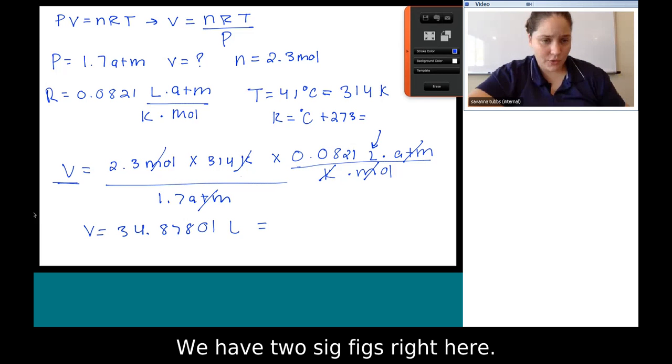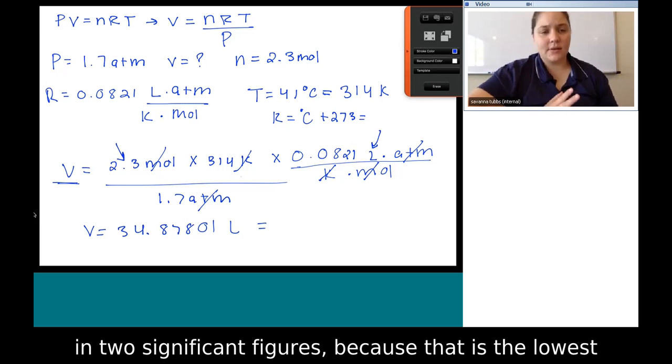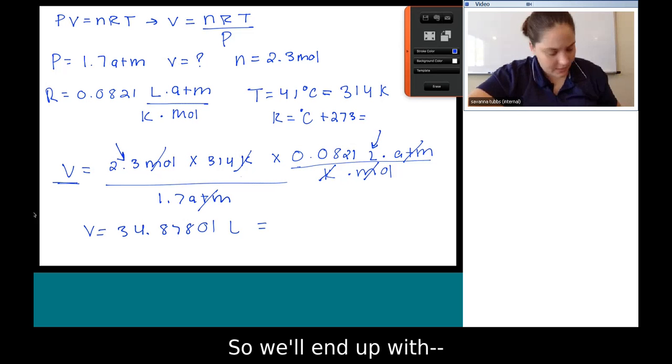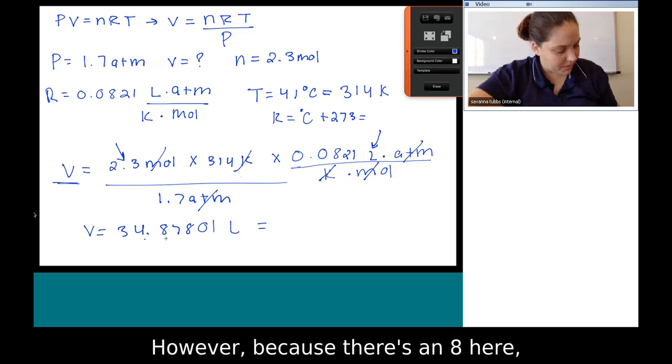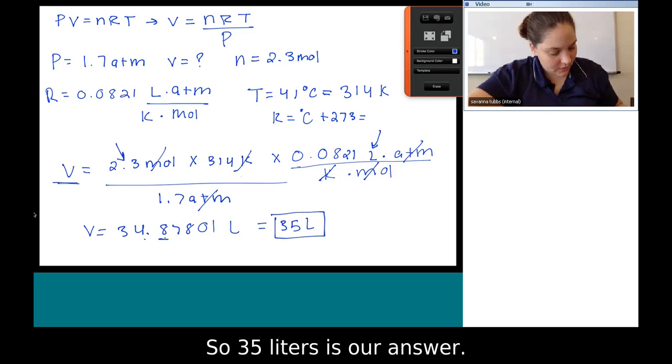We have 2 sig figs right here, so we'll put our answer in 2 significant figures because that is the lowest amount. 2 sig figs, we could say 34, however, because there's an 8 here, we're going to get 35 liters. So 35 liters is our answer.